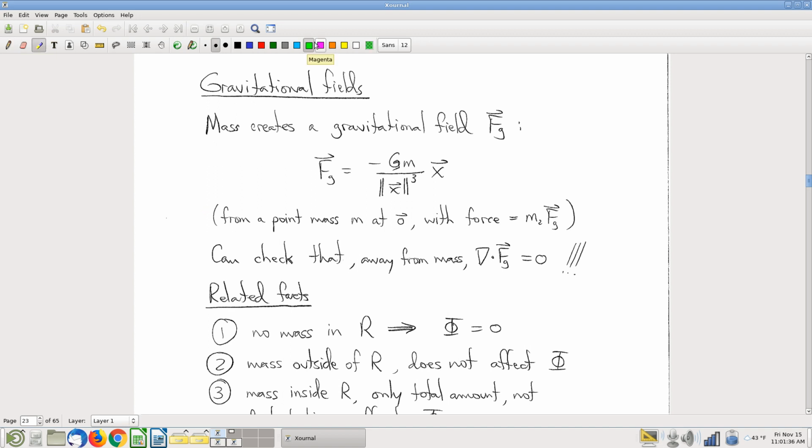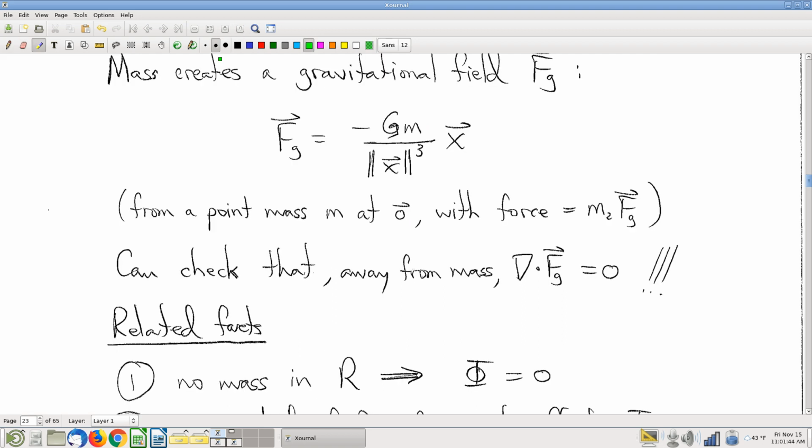This is obviously something that comes up a lot in physics. There's the formula for the gravitational field. Notice that it's inverse square. Let me just remind you, this is inverse square because I can rewrite this as negative G M over the magnitude, aka distance, squared, and then times what is in fact a unit vector, namely x over the magnitude of x.